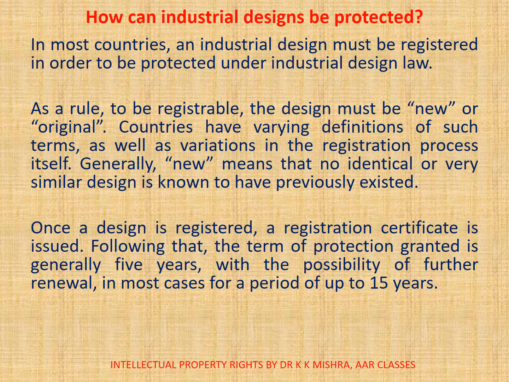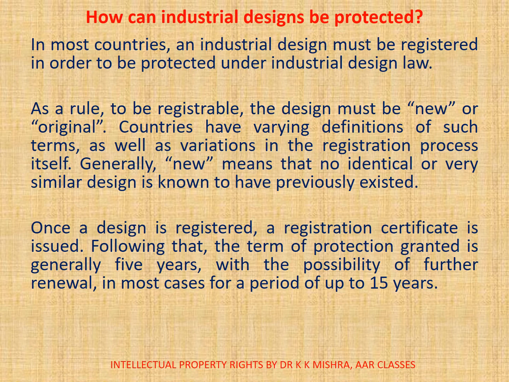How can industrial designs be protected? In most countries, an industrial design must be registered in order to be protected under industrial design law. As a rule, to be registrable, the design must be new or original. Countries have varying definitions of such terms as well as variations in the registration process itself.